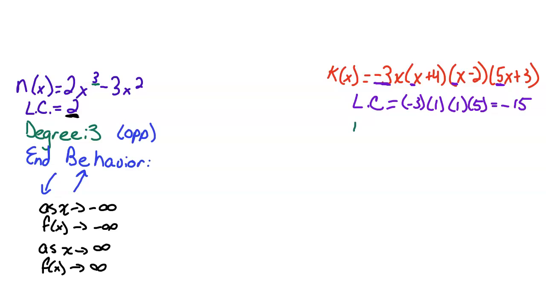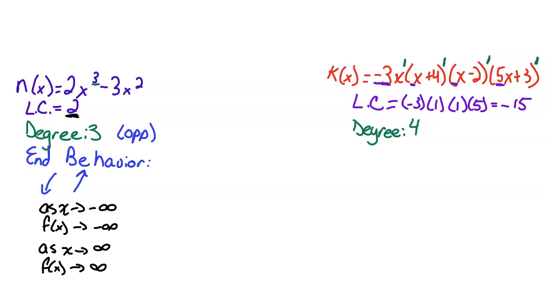My degree, in this case, remember I take the exponents of each factor with a variable. So I have a 1 here, a 1 here, a 1, and a 1. So 1, 2, 3, 4. So my degree is 4.